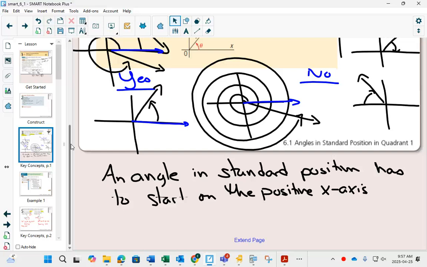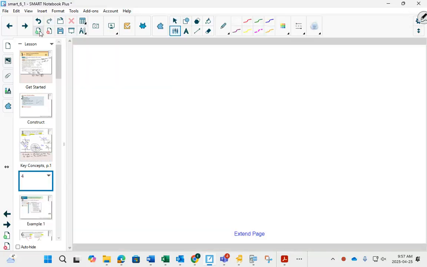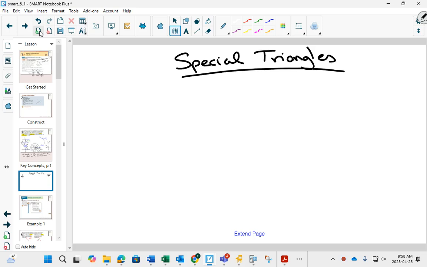Okay, next thing that we're going to add as extra notes are the following special triangles. There are some things in trigonometry now in grade 11, and again next year in grade 12 pre-calculus, that you have to do without your calculator.